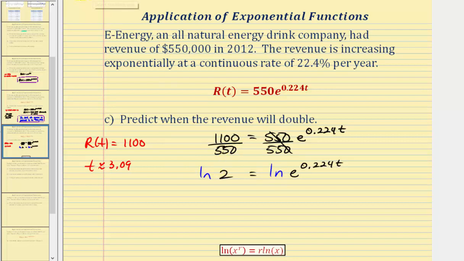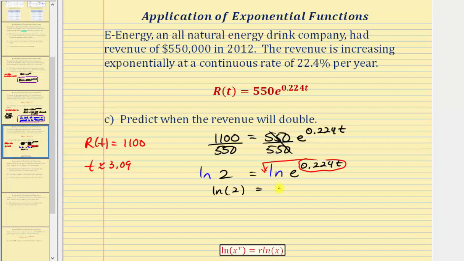So now we have natural log 2 equals, on the right side, we're going to apply the power property of logarithms, which means we can take this exponent and write this as a product times the natural log.